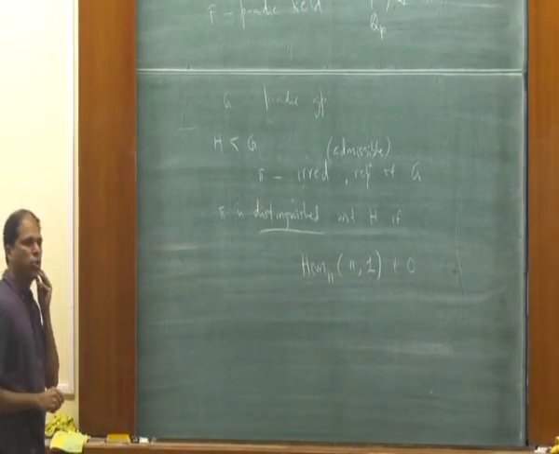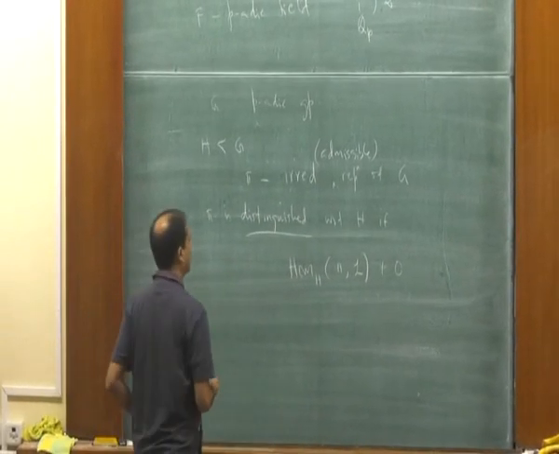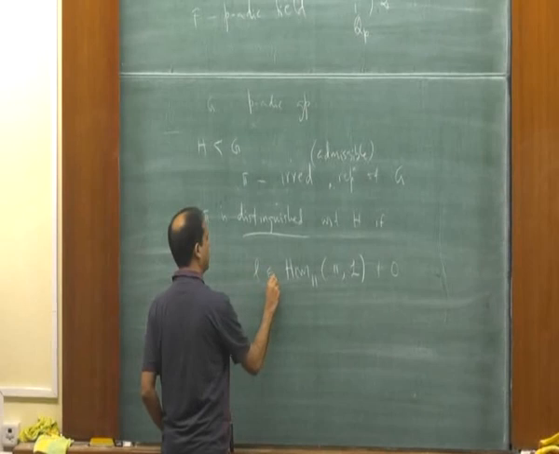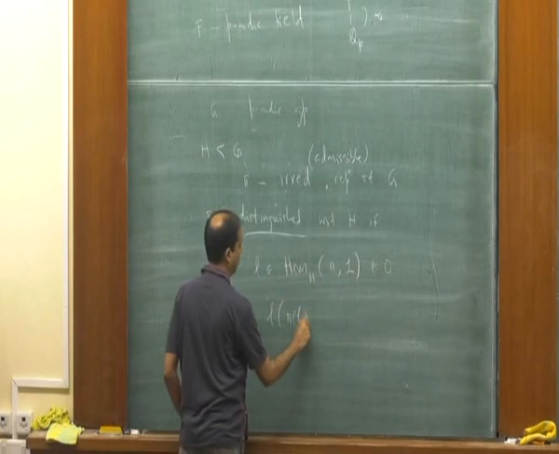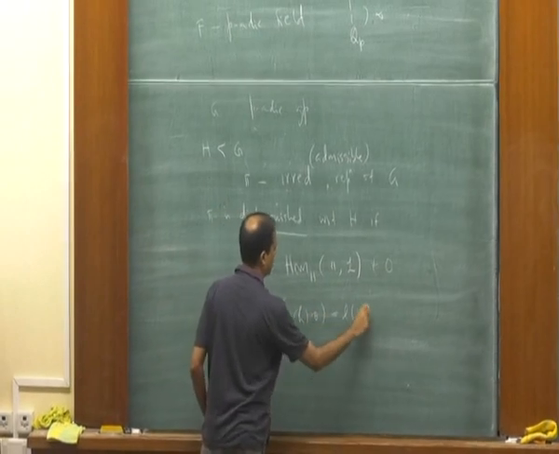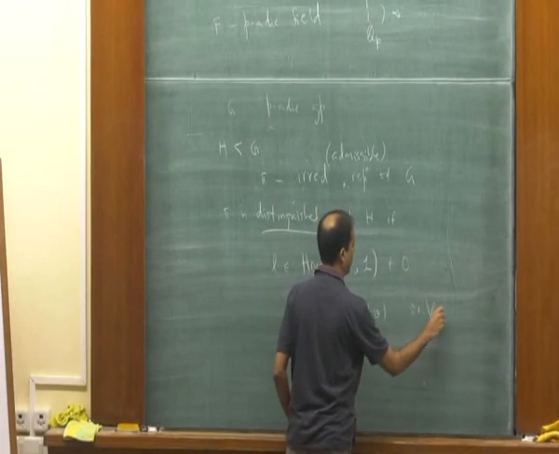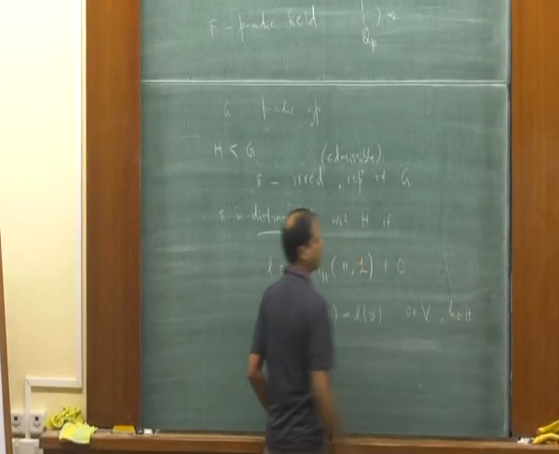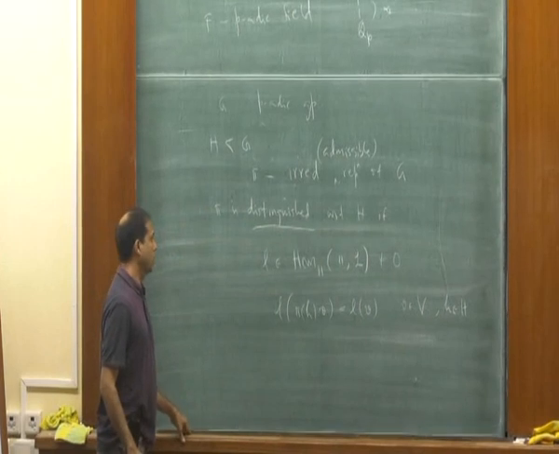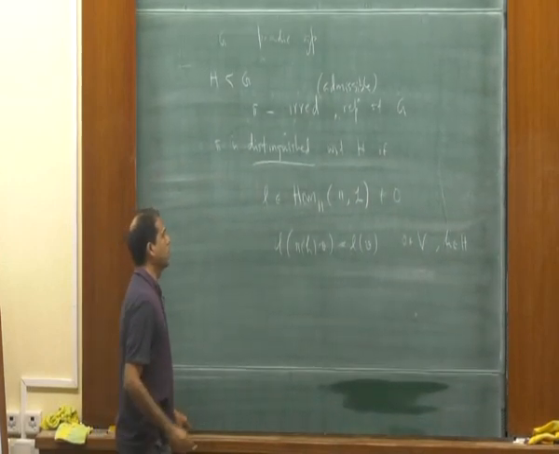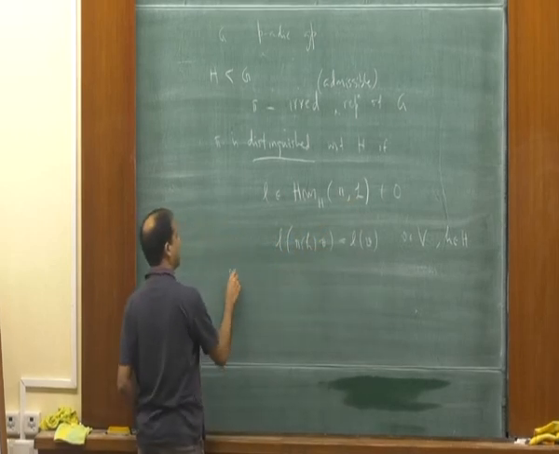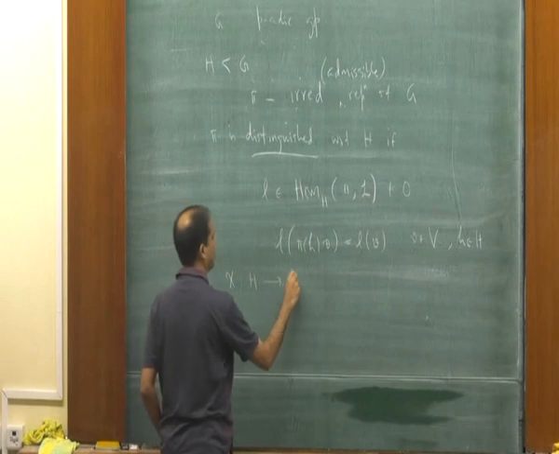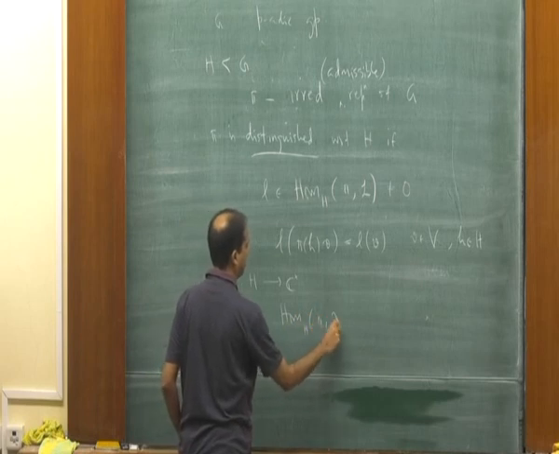So it's an innocent looking definition. One just says that pi is distinguished with respect to H if there is a non-zero element here. If there's an element here, that means a linear form L such that L(pi(h)v) is L(v), for v in V and h in H. Sometimes it's useful to look at a slight variation, where you take a character chi of H instead of the trivial character, and look at Hom_H(pi, chi).